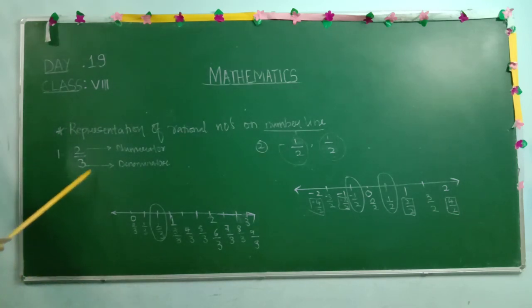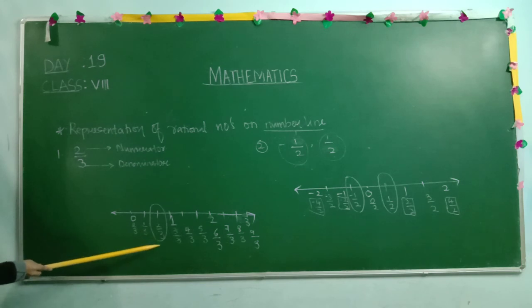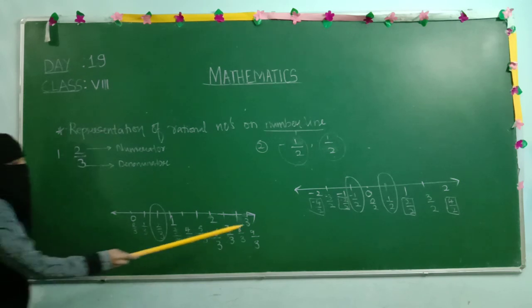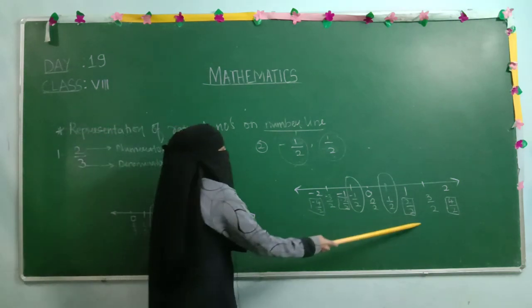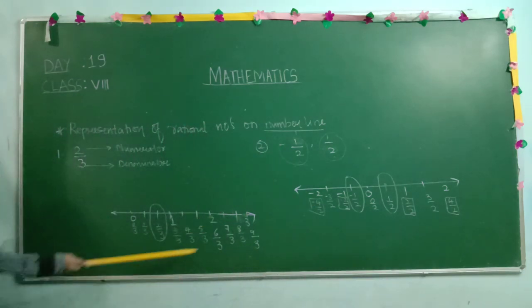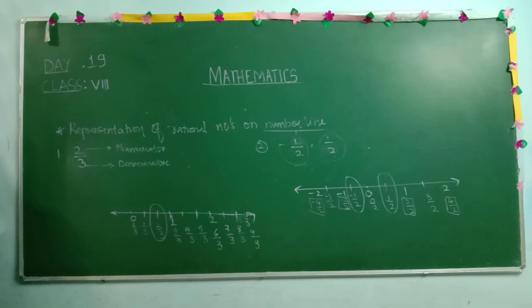After writing that, whatever the denominator is given, based on the denominator we have to divide the complete 1 unit into that many parts. So we have done the division here. We have divided the complete 1 unit into 3 equal parts. After that, the denominator is not going to be changed. You are observing here also and here also, everywhere it is 2, as the denominator is 2, and here it is 3, as the denominator is 3.